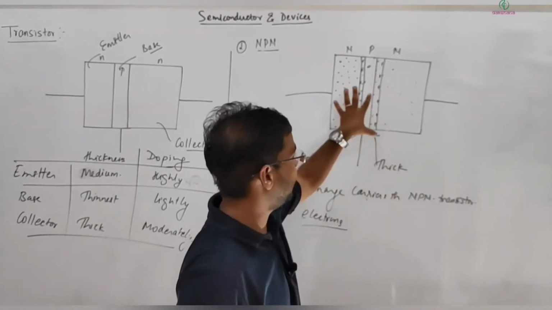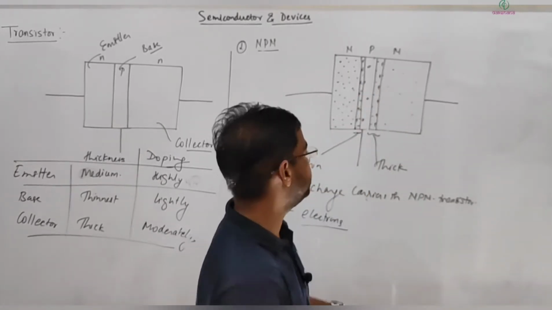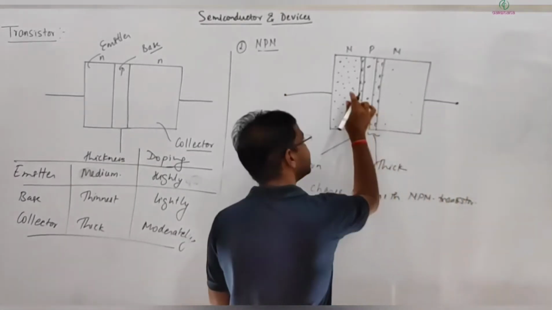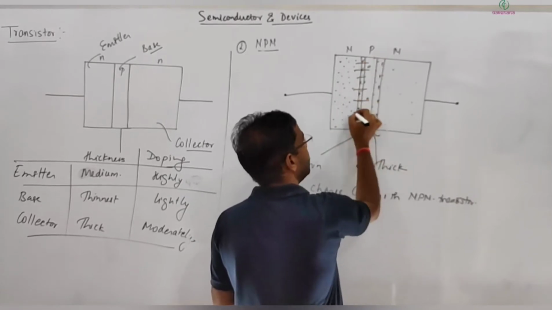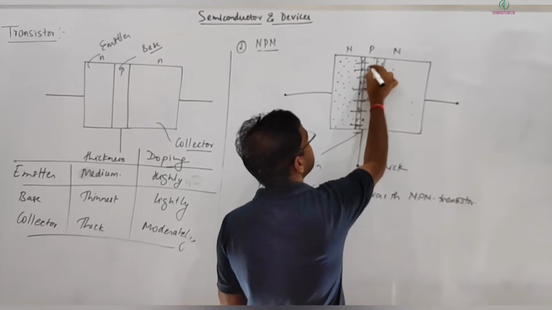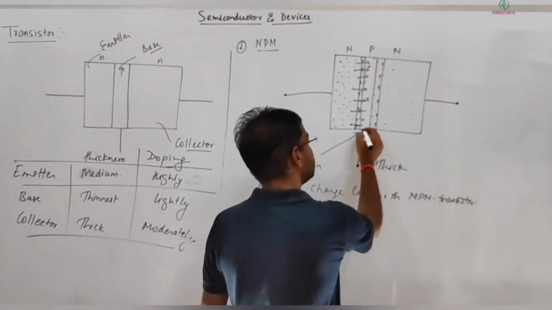This is how we symbolically draw an NPN transistor. There is a proper symbol actually. So first, electrons will be supplied from this side, these electrons will be moving, and few electrons will combine in the base, and the remaining will be transferred to the collector side.